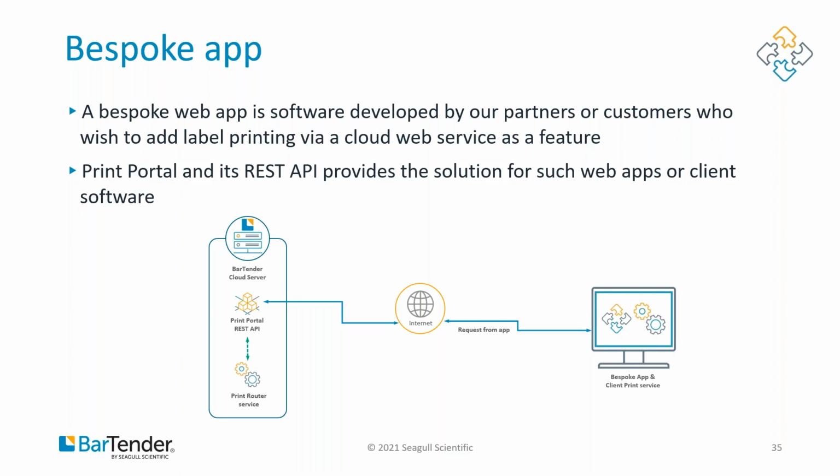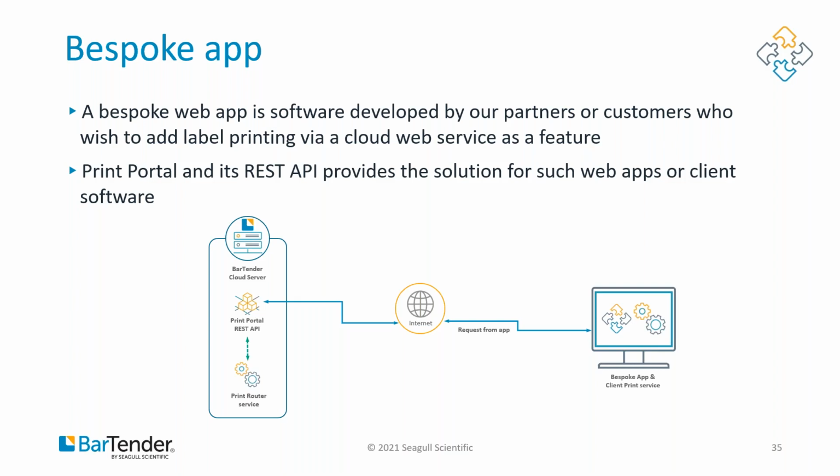So you can have bespoke apps that are designed for installation and use on the client, but then will make REST API requests up to the Print Portal server for producing a print job back on site or on premise. So such an app would make a request over the internet.